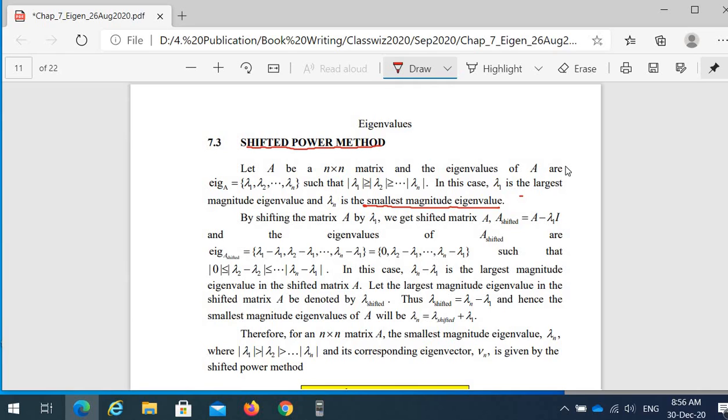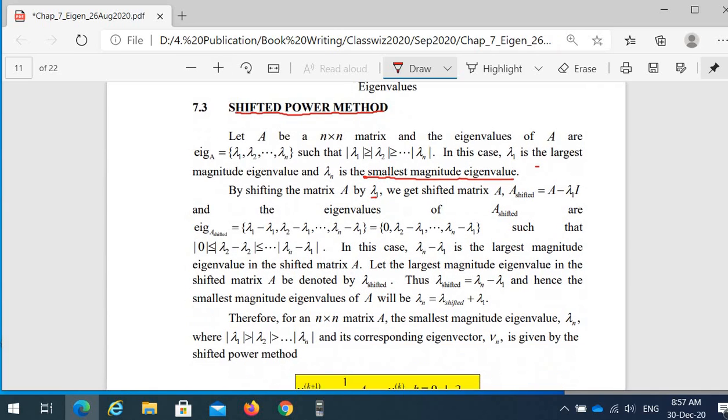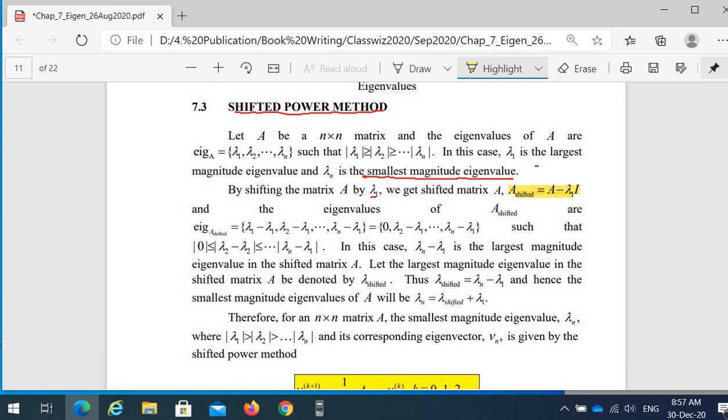By shifting the matrix A by lambda 1, we get the shifted matrix, denoted as A shifted, such that A shifted is A minus lambda 1 I. From the original matrix A, we shift it by lambda 1 units, where I is the identity matrix, because lambda 1 is a scalar.